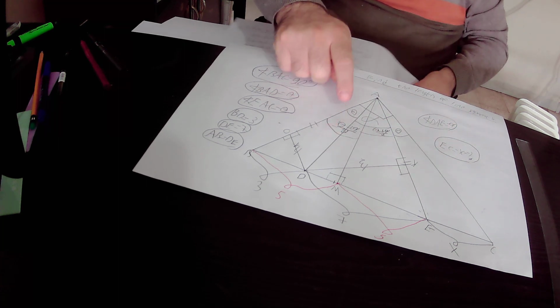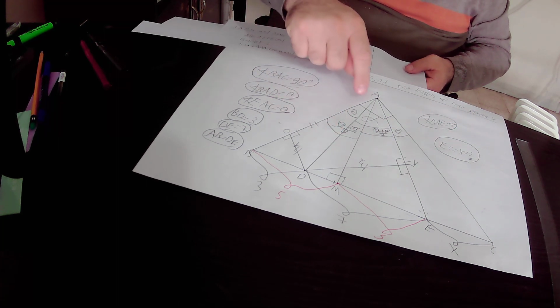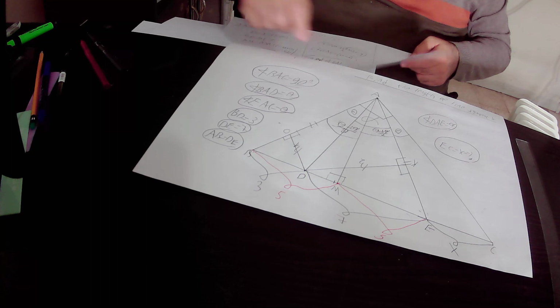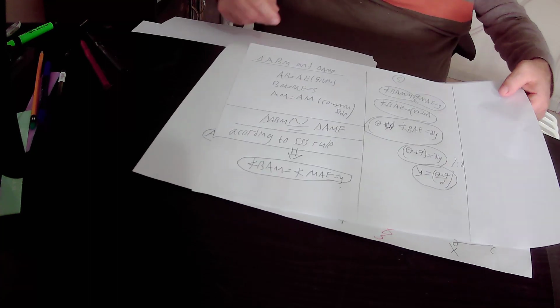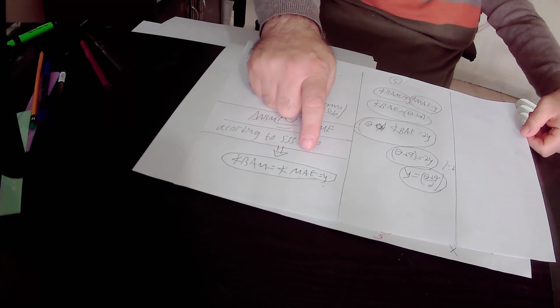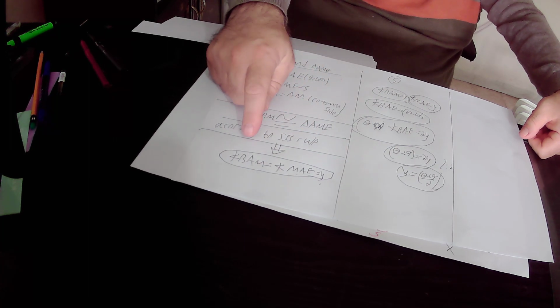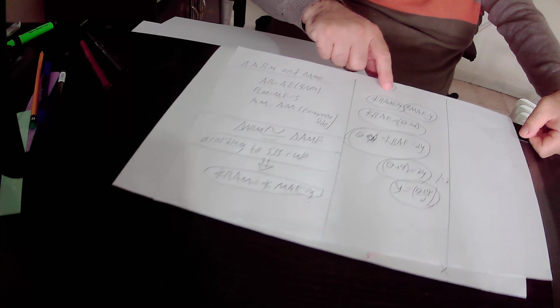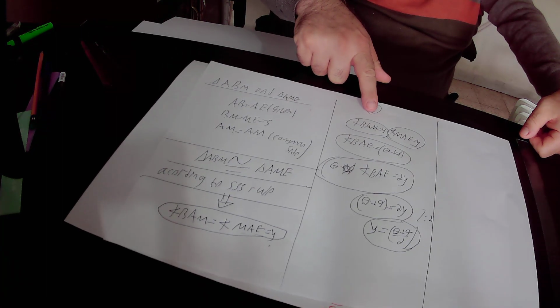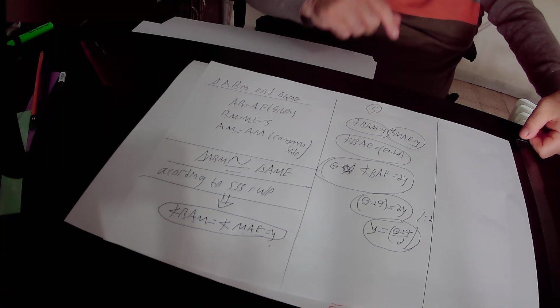Therefore the corresponding angles, angle BAM and angle MAE, will be equal to each other. So if we define angle MAE as y, then angle BAM will also be equal to y.